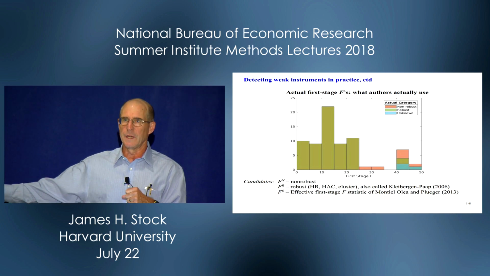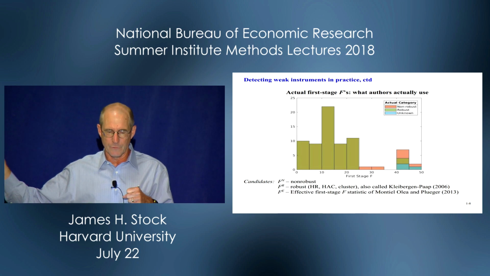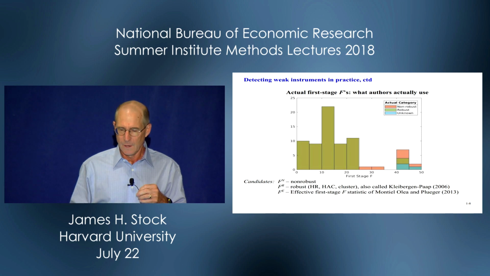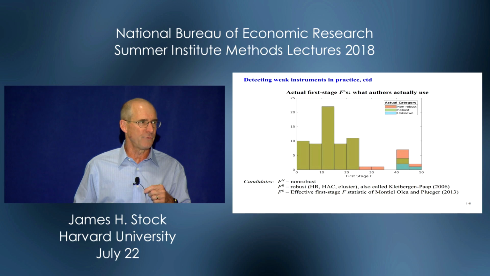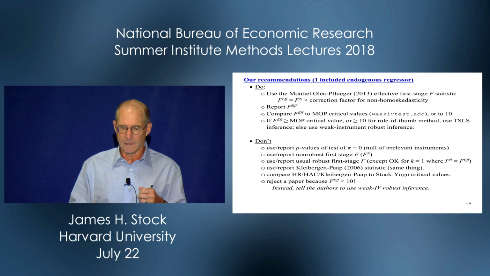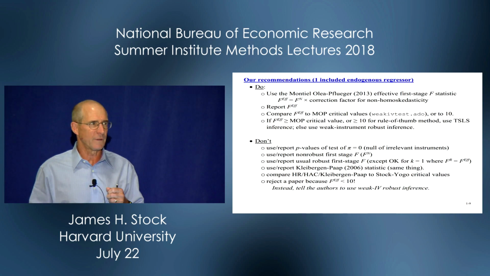Option 2 is doing non-robust, and option 3 is the effective first stage F from Montiel-Olea-Pflueger 2013 JBES. None of these papers do the third one. None of them do the effective F statistic. That is our recommendation: you do the effective F statistic.